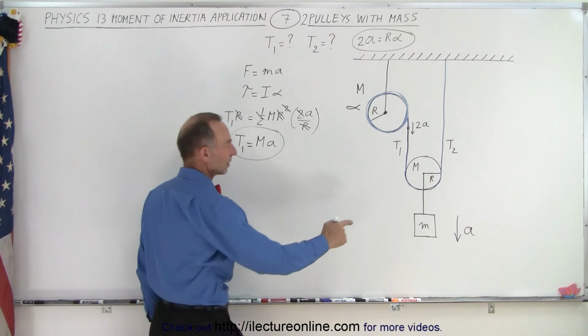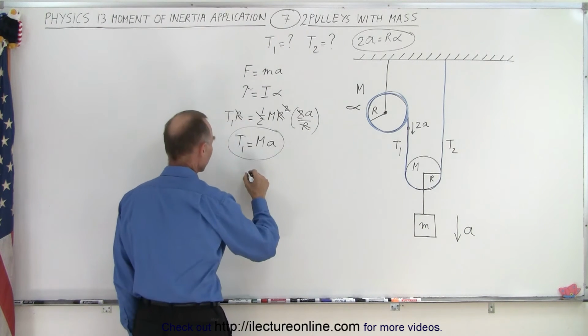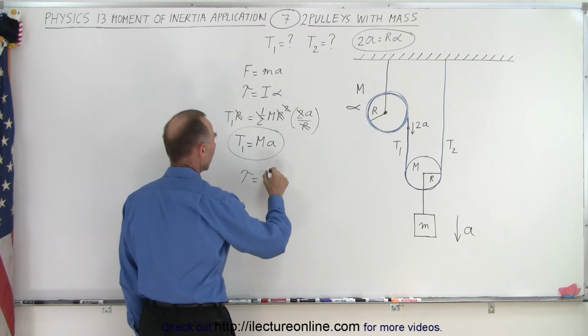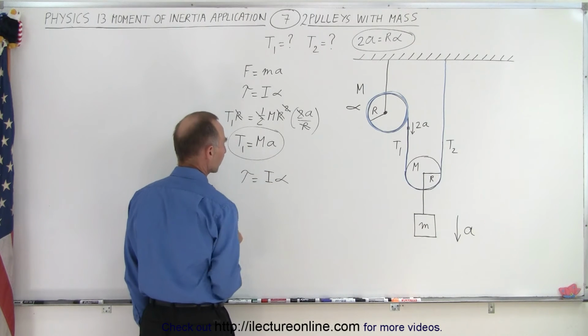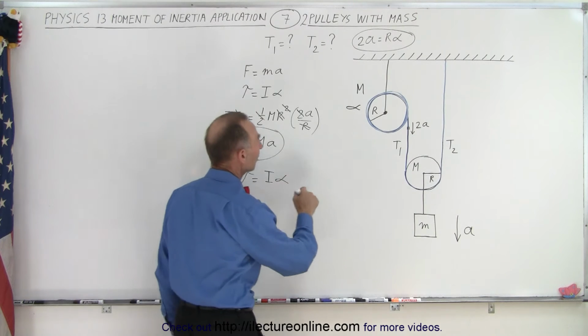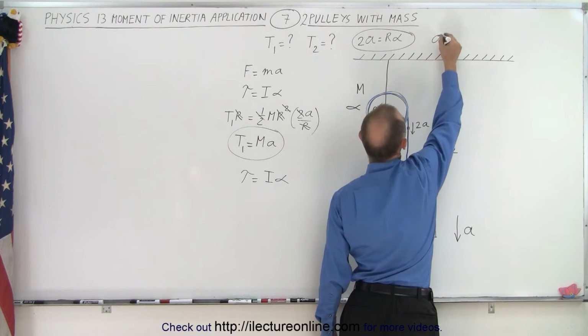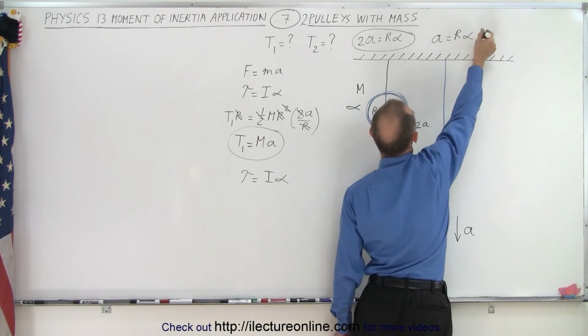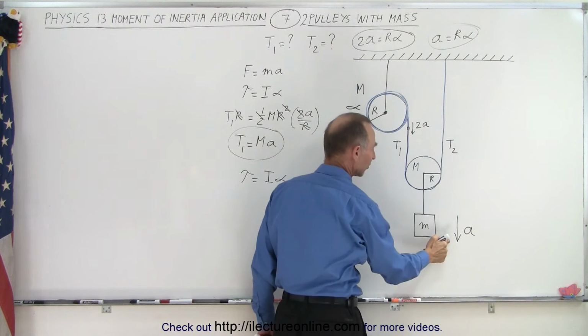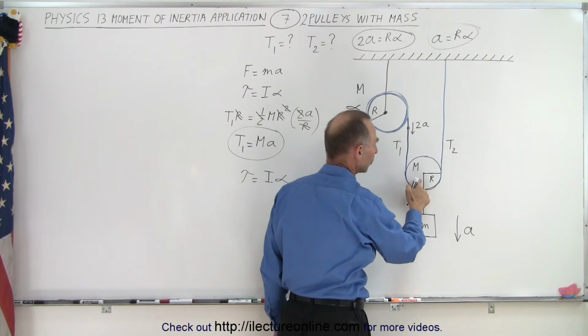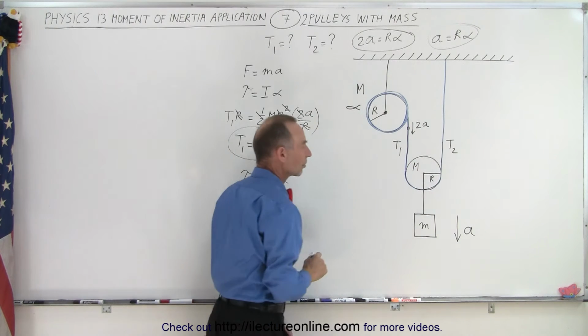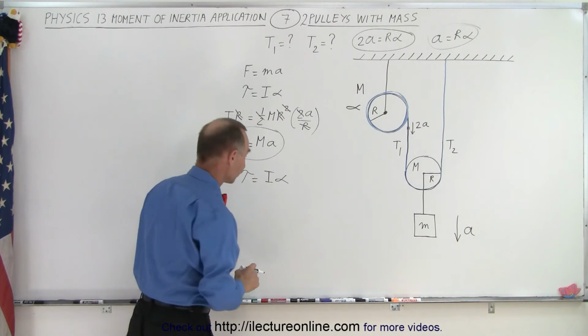Now we can take the second disk. Again, we're going to use the equation that torque is equal to I times alpha. In this case, for this alpha, we're going to use A equals R times alpha, because now we're dealing with this acceleration relative to the angular acceleration of that disk.